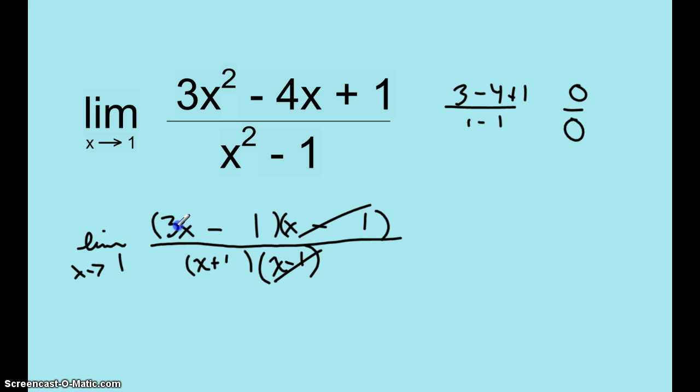So now go ahead and replace x with a 1. 3 minus 1 all over 1 plus 1. 2 over 2. The limit is 1. Alright, just glad we don't have to use a table to figure that out. Next, please.